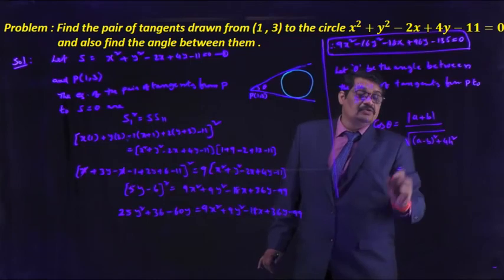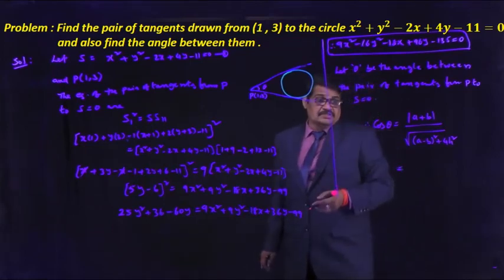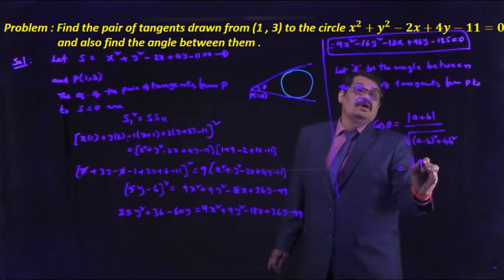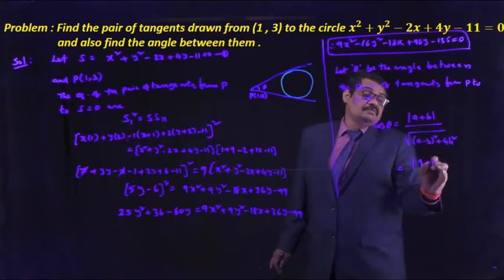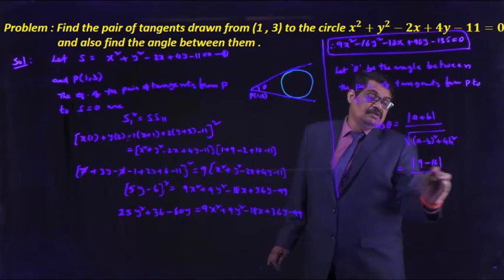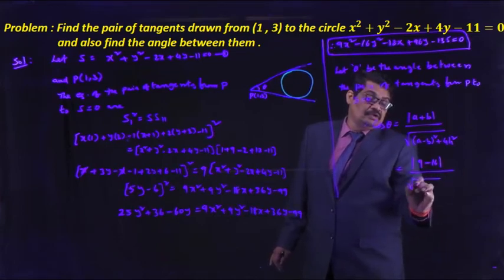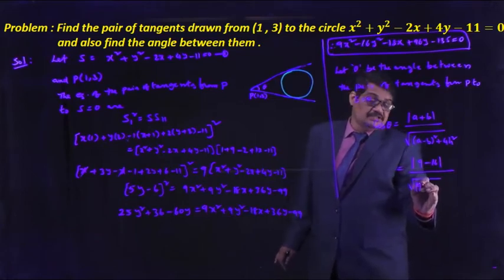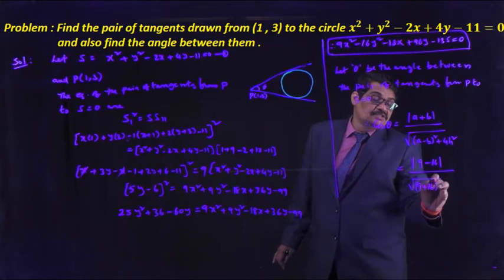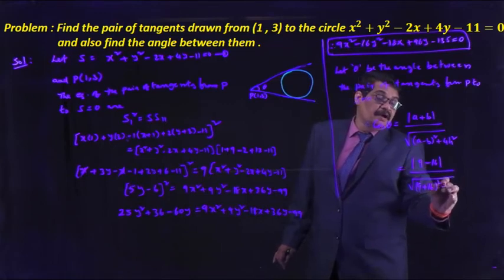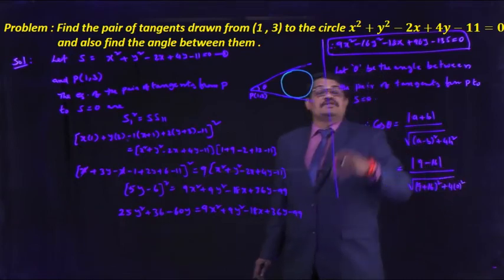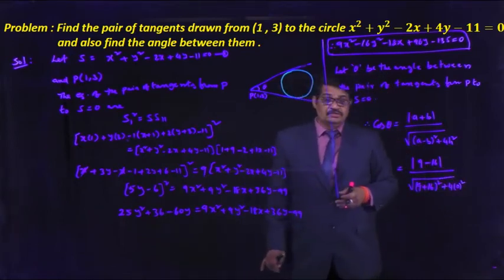Here what is a? The x square coefficient is 9 and b is minus 16, by root of a minus b whole square, that is a is 9 and b is minus 16, minus of minus, plus 16 whole square, and plus 4h square. What is h here? There is no xy term, so h is equal to 0.